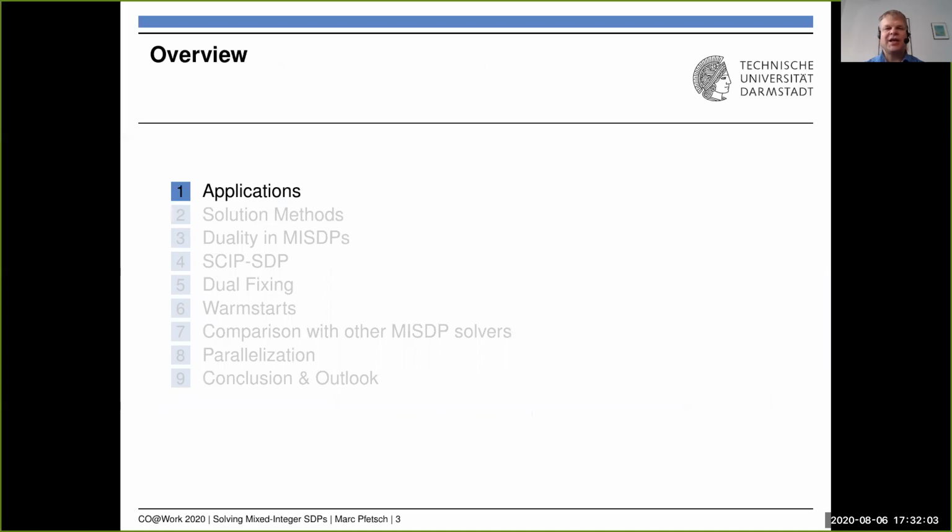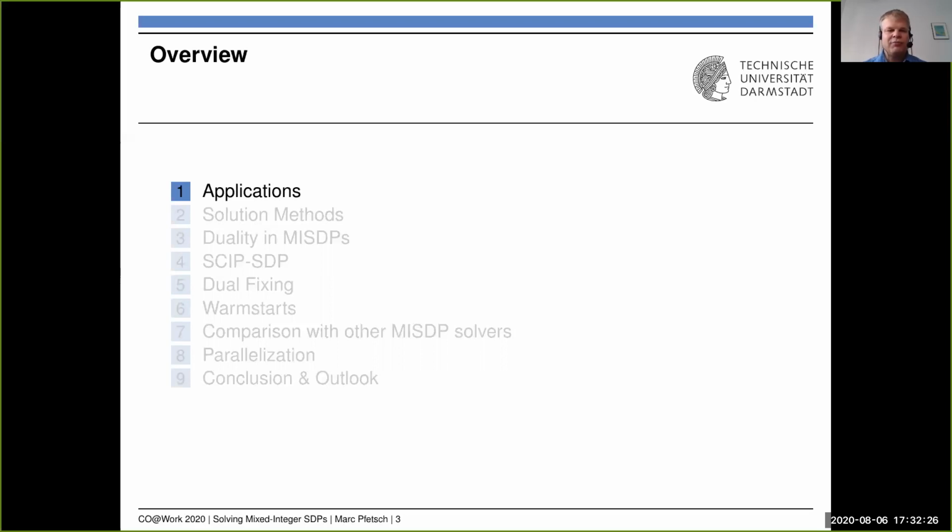So this is the agenda. I'll first show you some applications, examples where this is important, and then solution methods. I will talk about duality in mixed integer SDPs. I will talk about the software that we are supplying and developing, SCIP-SDP.